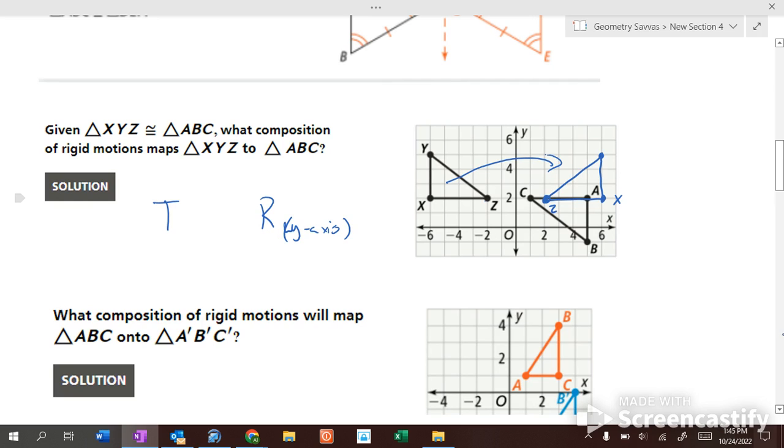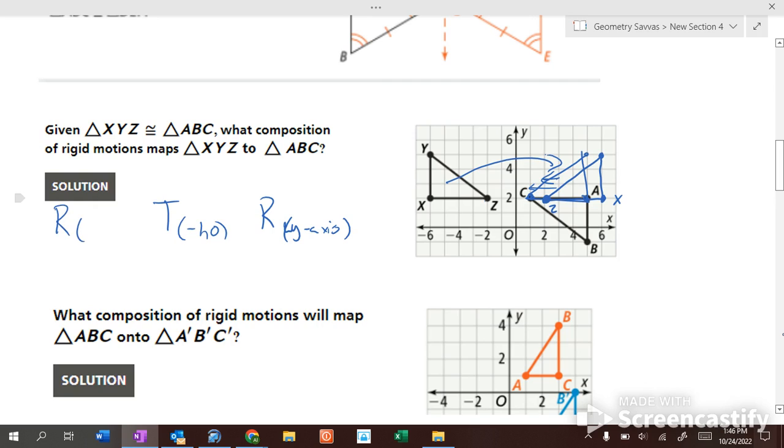Then we should translate it one this way, which is -1, 0. So it's there, there, and there. And finally, we would flip it down across the line.